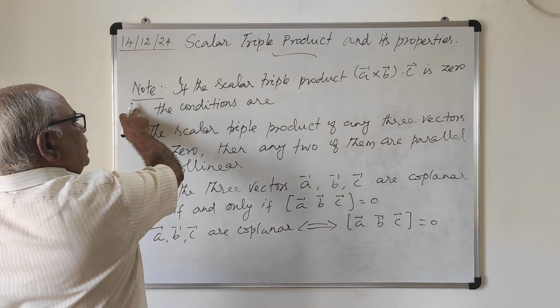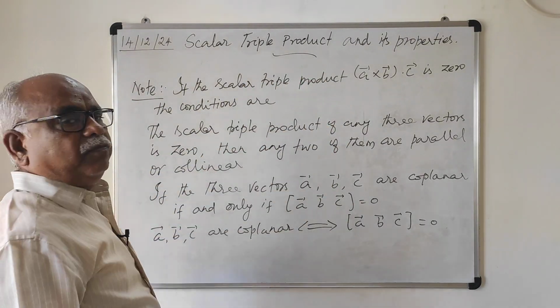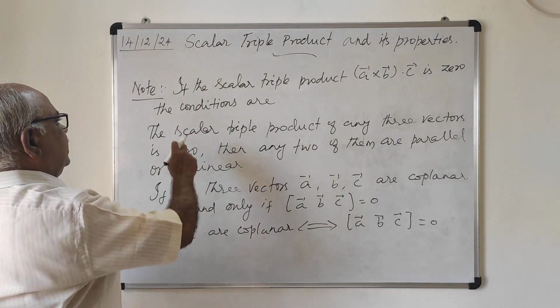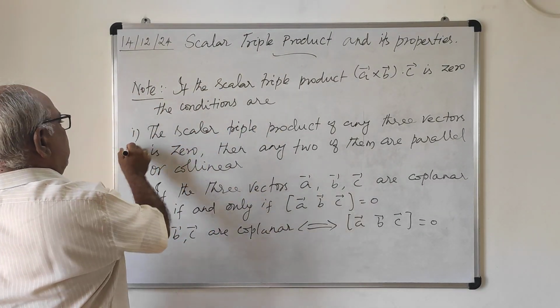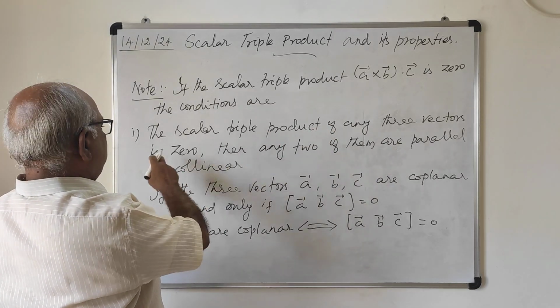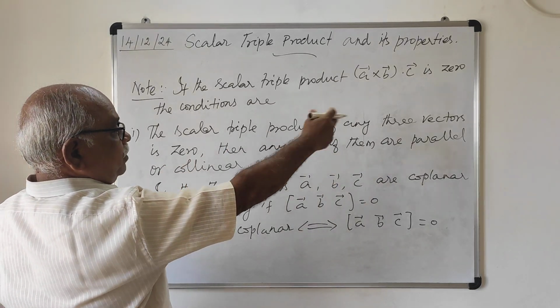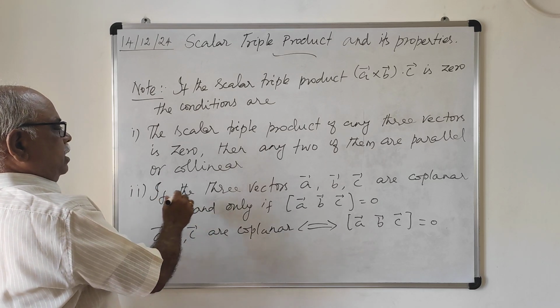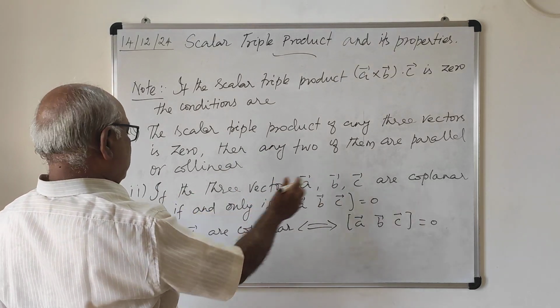As a note, I can say, if the scalar triple product of three vectors A cross B dot C is 0, then the conditions are, first, that any two of them are parallel or collinear. Second, the three vectors A, B, C are coplanar.